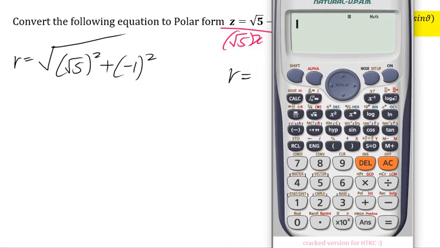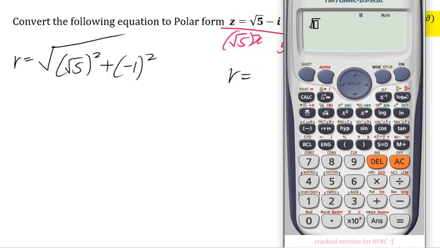Let's bring our calculator there. So you're going to have square root of root 5 plus 1 squared. Let's put a minus there.